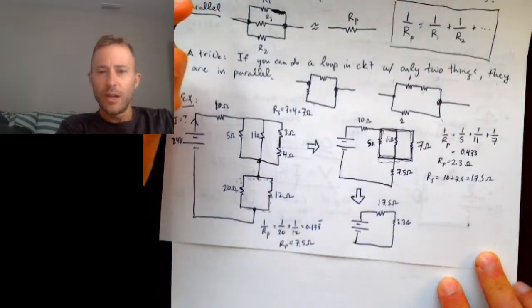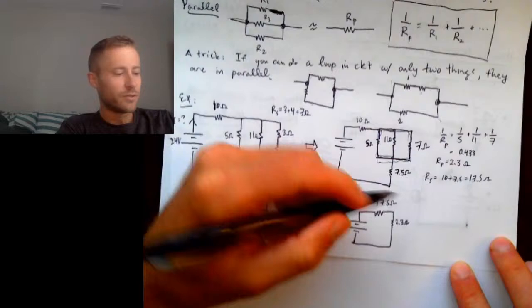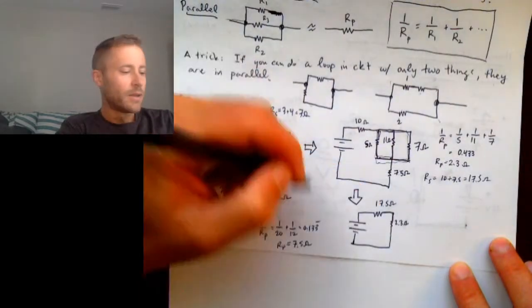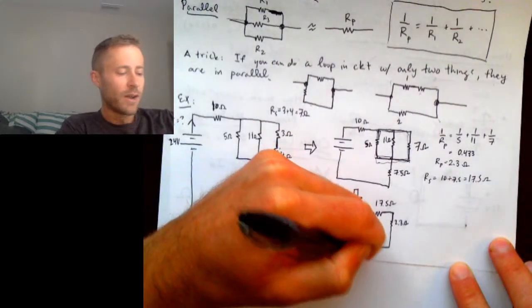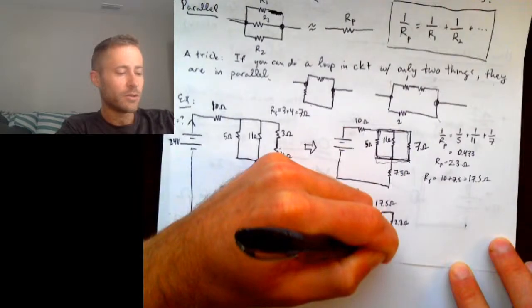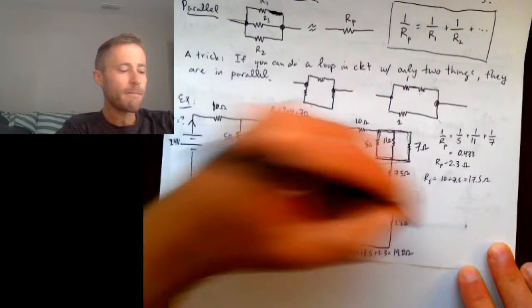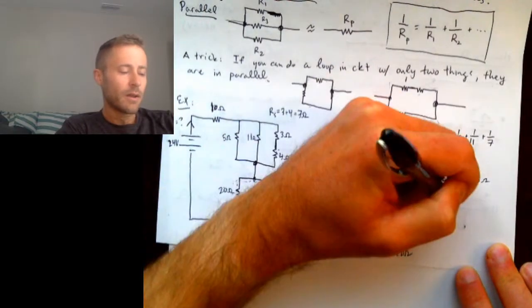Okay, so now it's fairly obvious that these two are in series because this wire connecting them doesn't have any forks in it. So I have R sub S is 17.5 plus 2.3, which is 19.8 ohms. All right.